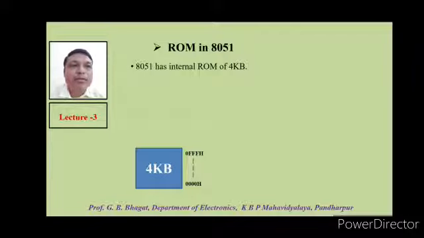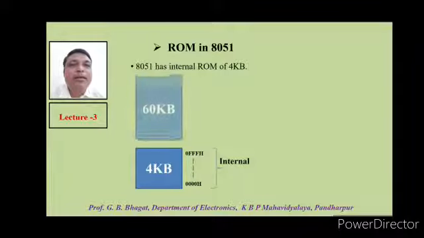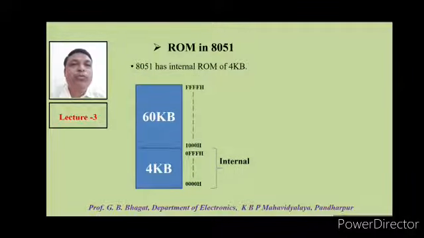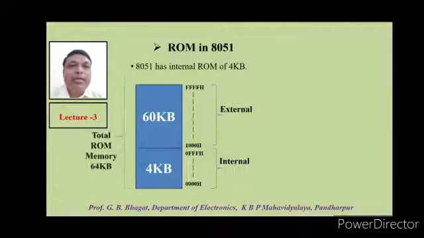But to the controller we can connect external 60 KB of ROM from address 1000H to FFFFH. This is the external memory which can be interfaced to the controller. Therefore, total ROM that can be available for the 8051 microcontroller becomes 64 KB.